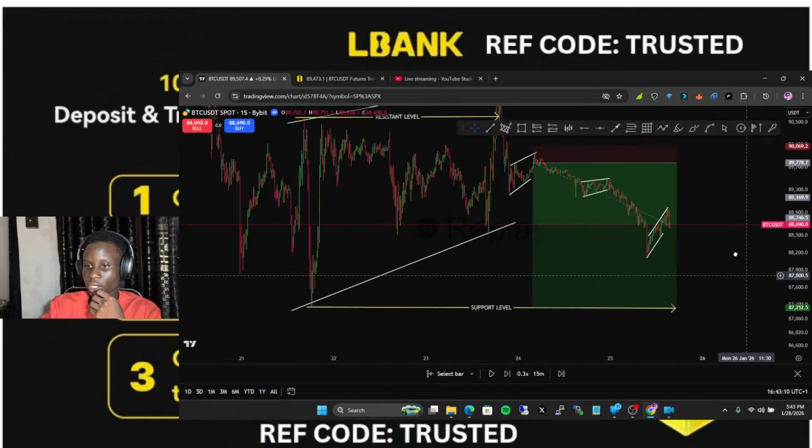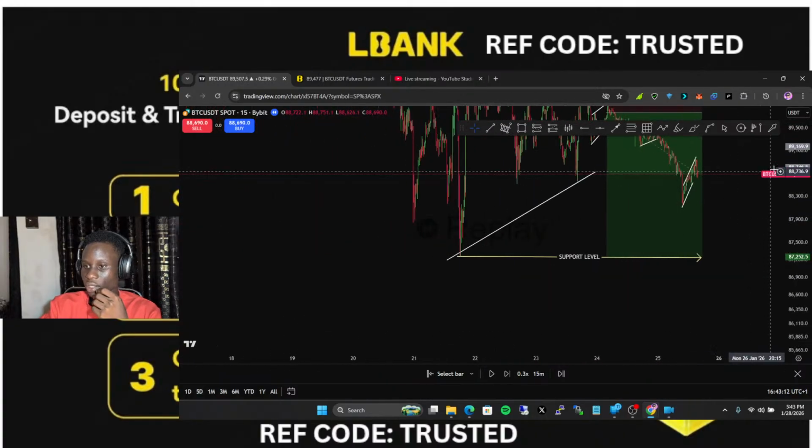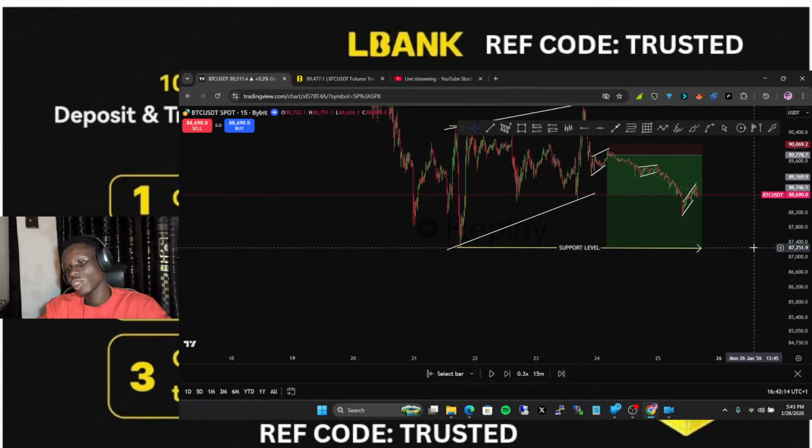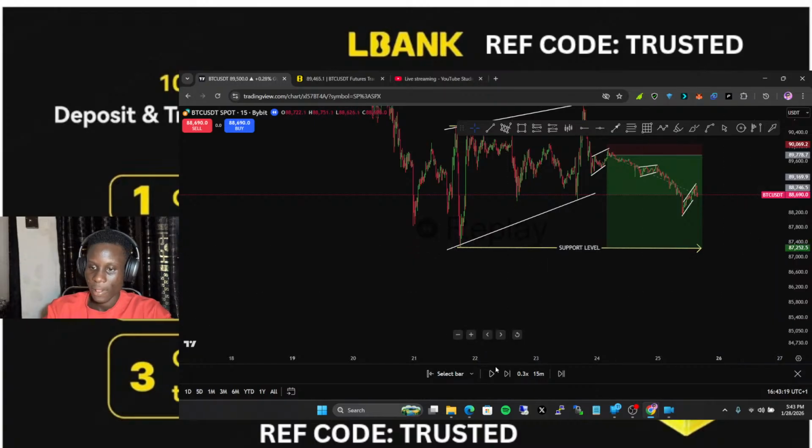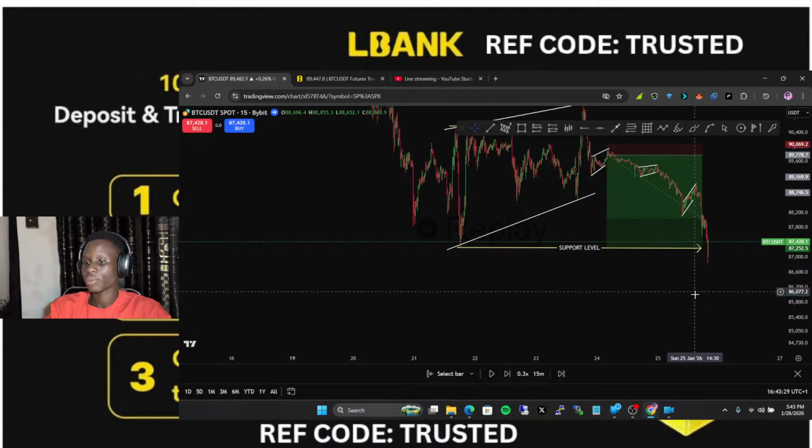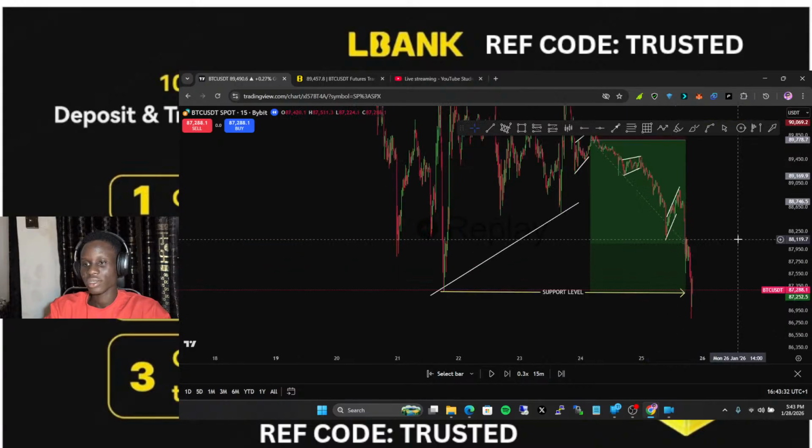So let's keep playing this. You can see we keep continuing to the downside, and that's how continuation works in the market. And that's to our TP. Simple like ABC.